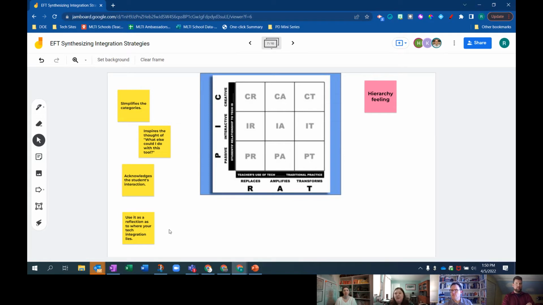And that's when your tech integrator or your ambassador or a coach or whoever you have connected to can help you. You can say, look, I'm stuck. I went through my unit, and everything I do when I include technology is like a PR. Can you help me find ways to move outside of that and towards the CT?